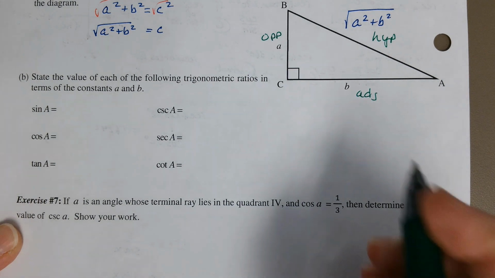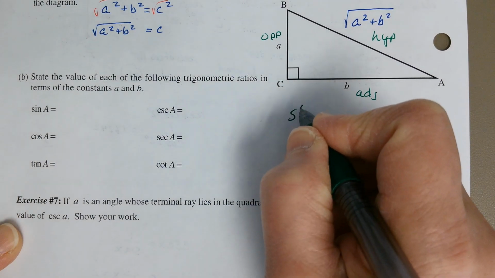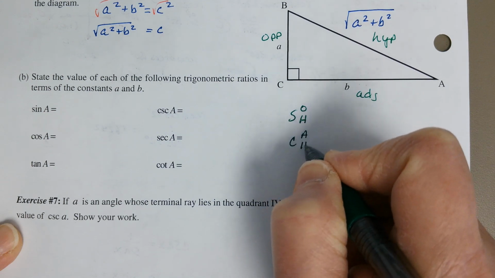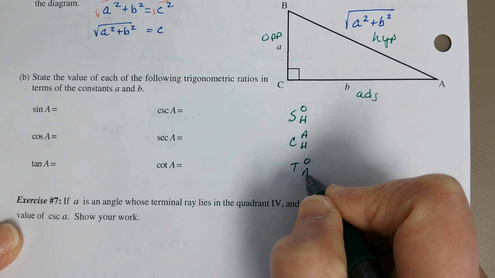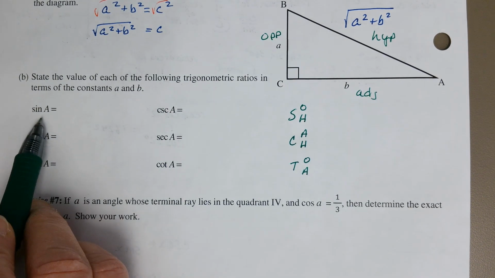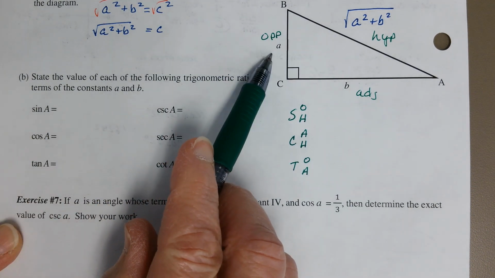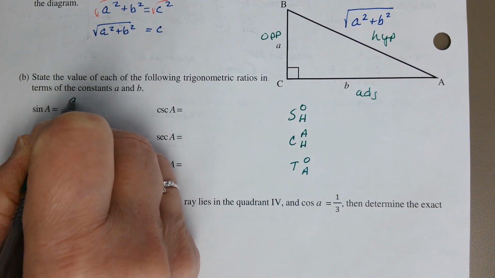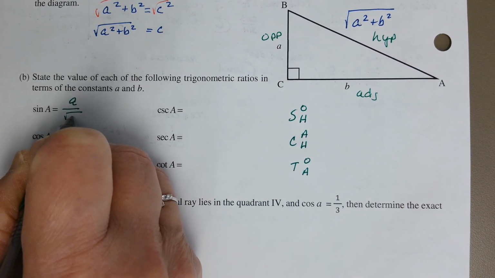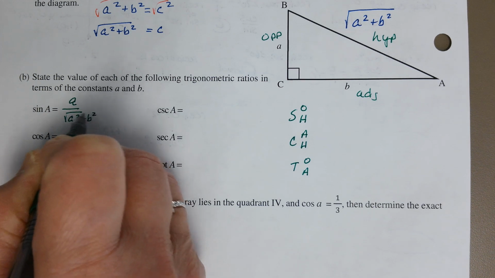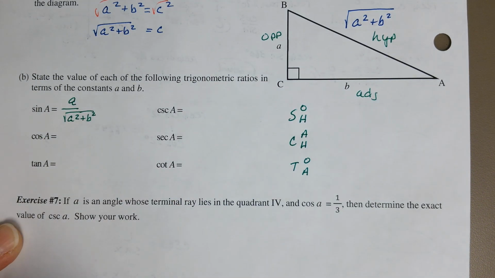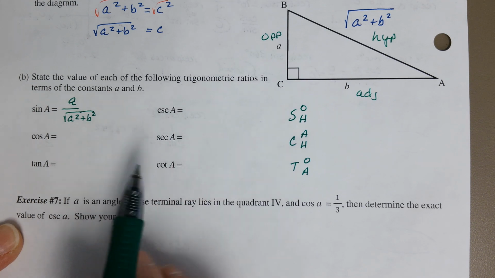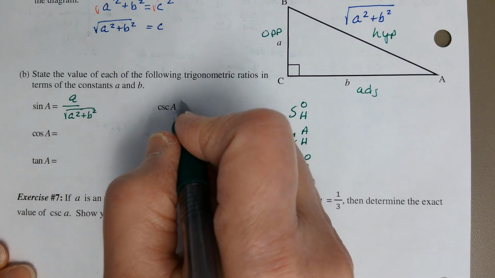We're using SOHCAHTOA. The sine of A is going to be opposite over hypotenuse. A over the square root of a squared plus b squared. Cosecant is the reciprocal of sine, so we want just that reciprocal.